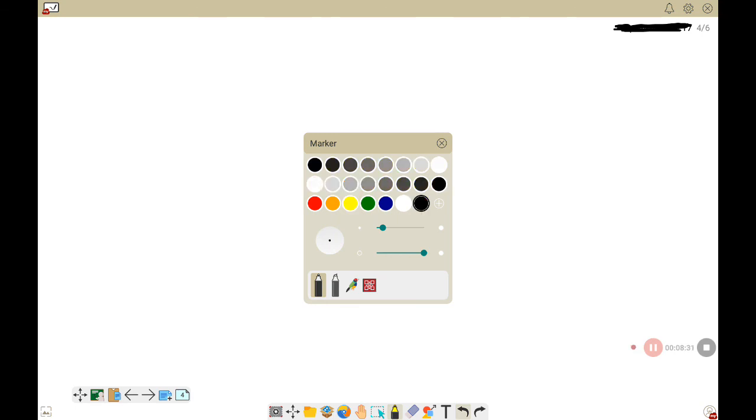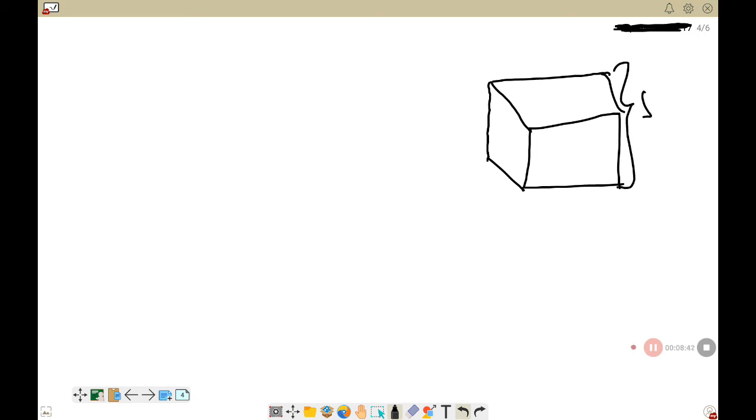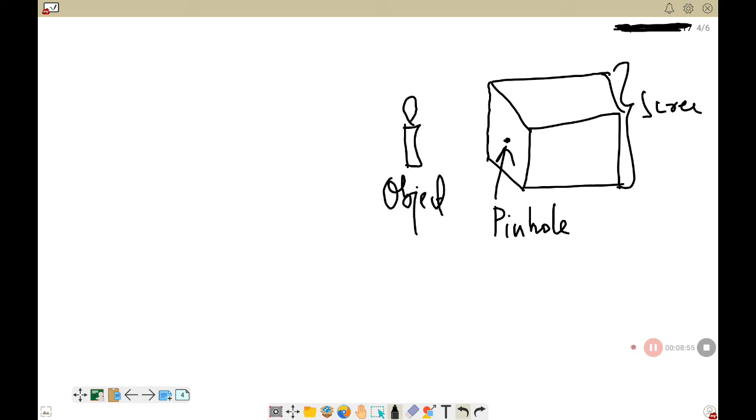See the size of the image. Suppose this is your pinhole camera. Here you have the screen, here you have the pinhole, and here was our candle, which was the object. So the first one is this distance from the pinhole to the candle, that is the object. The other one is the distance from the pinhole to the screen.